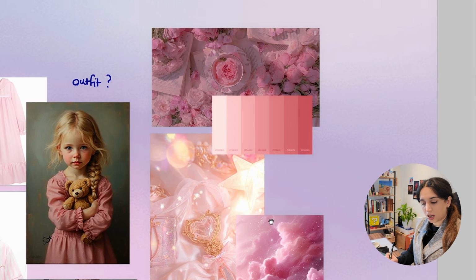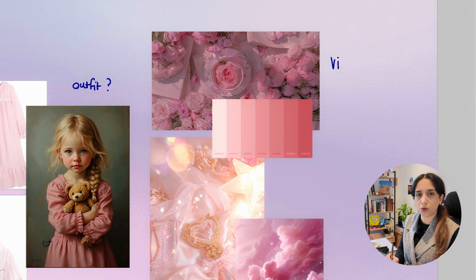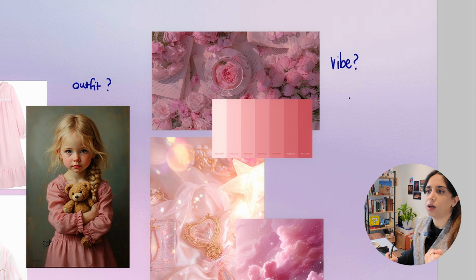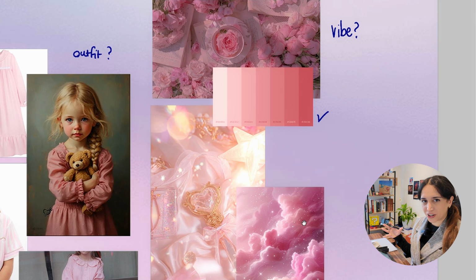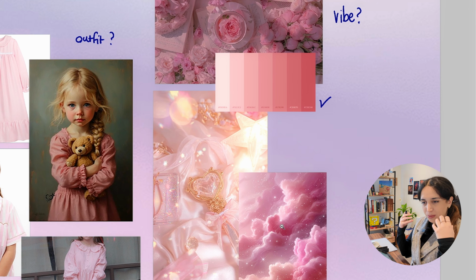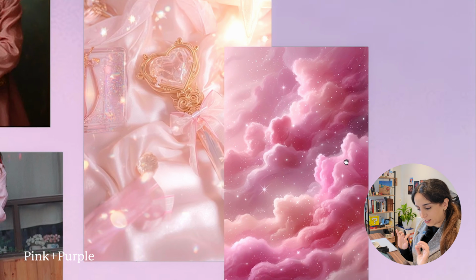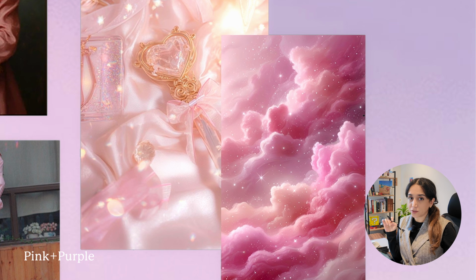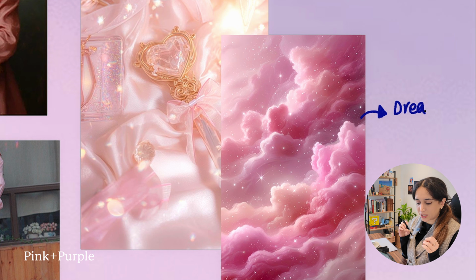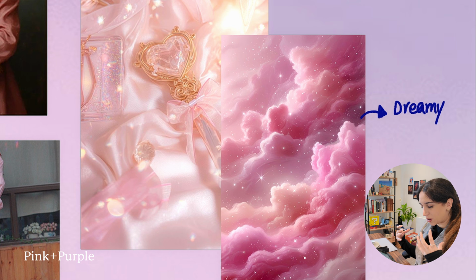Then it was time to have a color palette or a vibe, an overall pinkish vibe. Since the dream world is magical, mysterious, and dreamy, pink instantly felt right for the color palette for me, because I wanted it to be cute, like soft pinks, warm peaches, cozy, dreamy vibes.